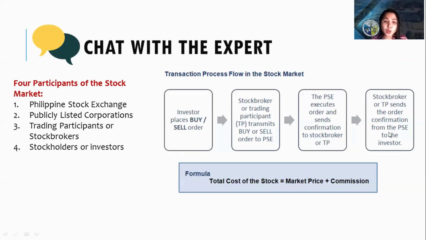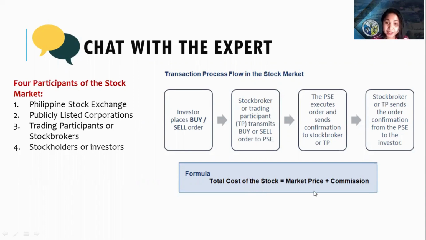Then the broker confirms the trade with the investor. So it looks like this. If I am the investor, I will call the broker. The broker will call the PSE. And once confirmed, the PSE will call my broker, and the broker will call me to confirm that the trading is successful.